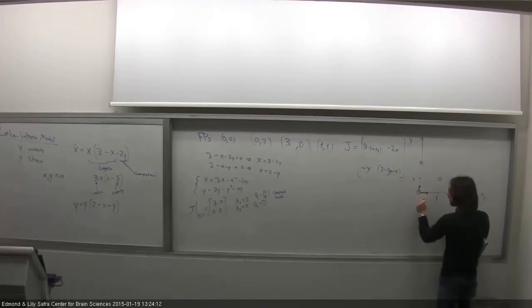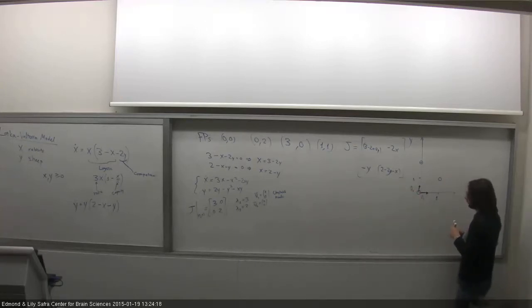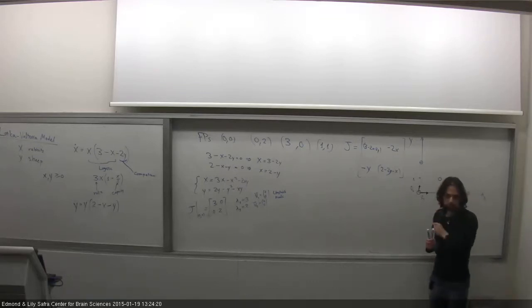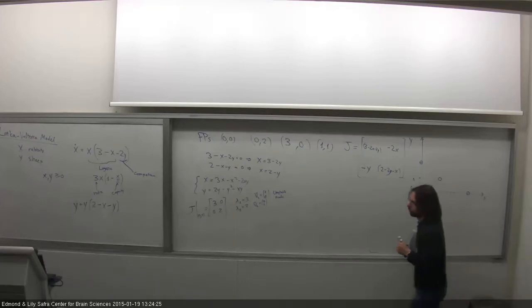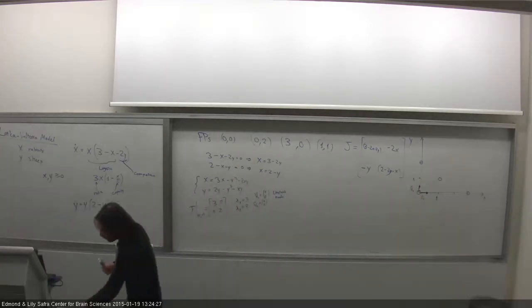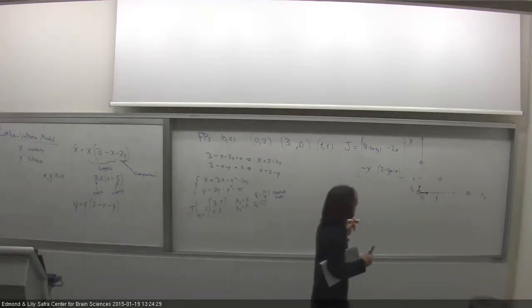Let's just divide them by 1/2. And I have growth along these 2 eigenvectors. If I would like to, let's do this in red, draw trajectories going out of this point.